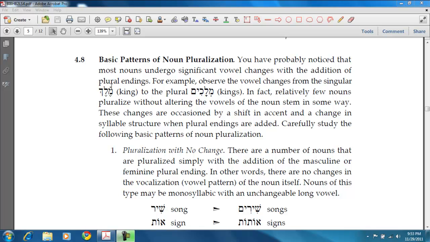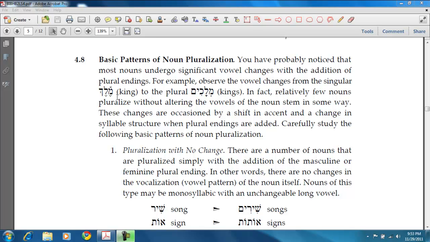The accent is on the first syllable instead of the last syllable, and it gets that name because of the segols. You have a segol under your mem and a segol under your lamed. Although segolate nouns don't have to have all segols, most of the time they have segols under the first and second syllable.